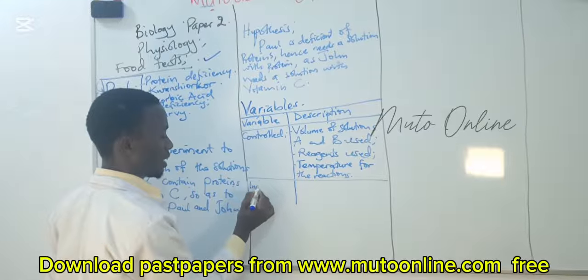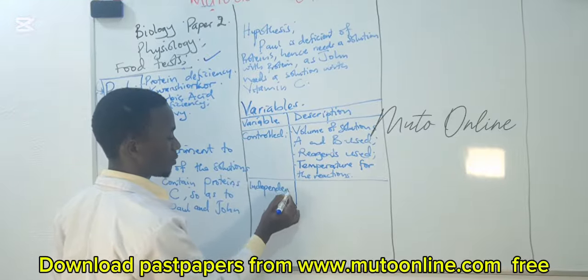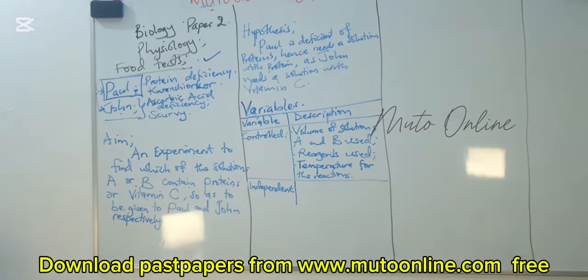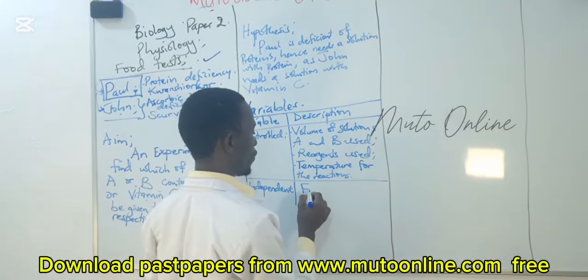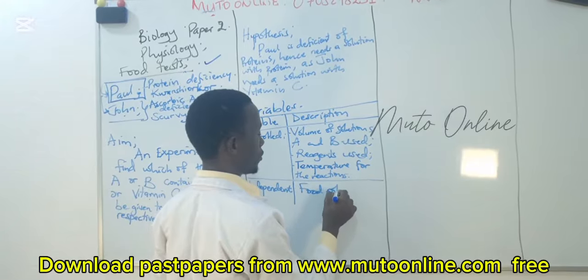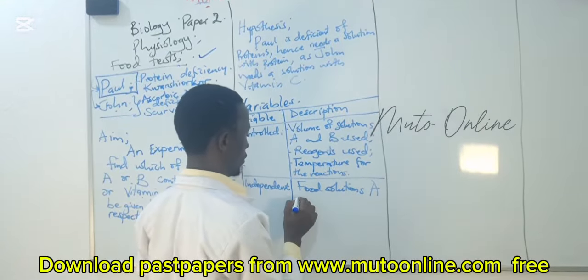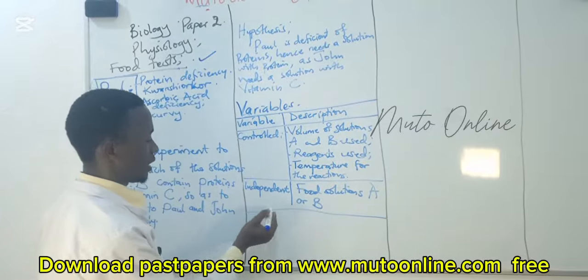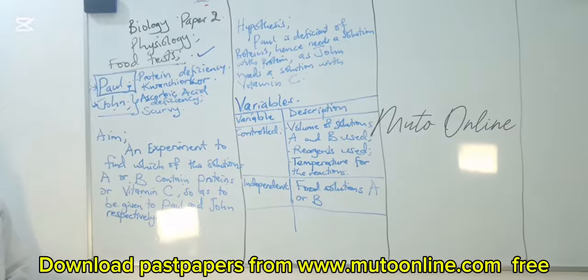So for the independent variables, what will I be changing so that I can get results are the food solutions, A or B. In one set, I will be using A, as in the other, I will be using B.